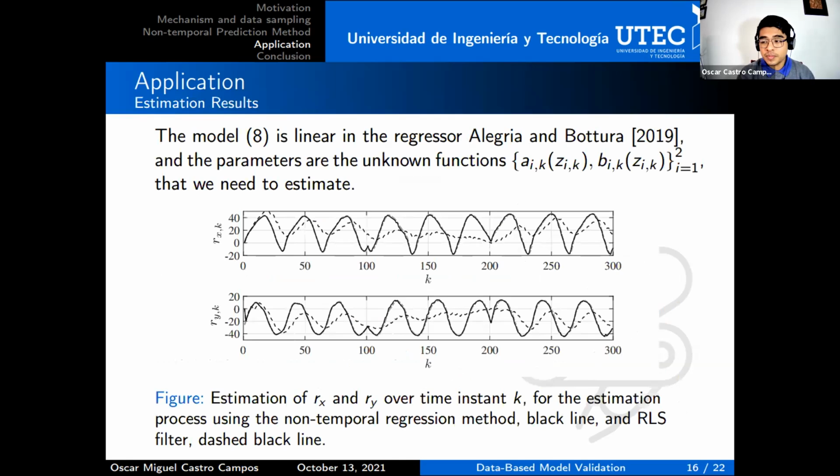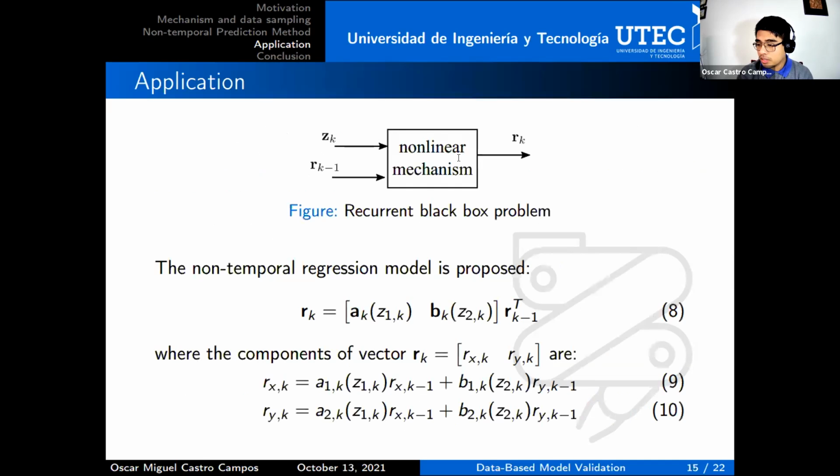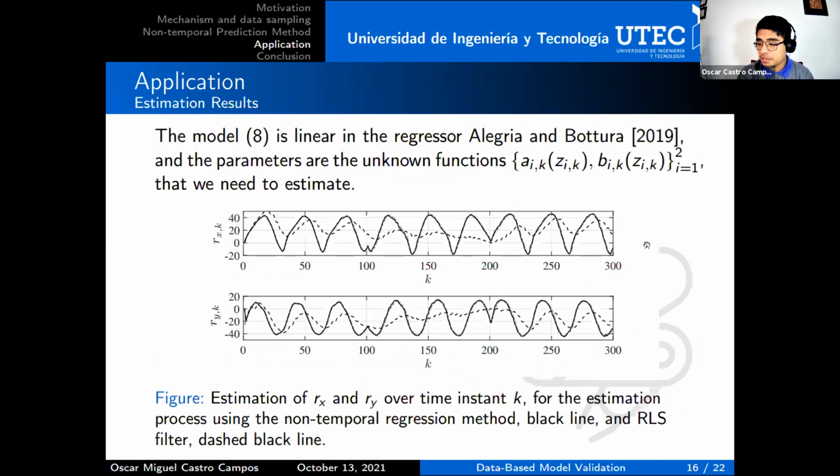The model is linear in the regressor, and the parameters are unknown functions. AK and BK are just the coefficients of the model, so we estimate these coefficients to model the system.